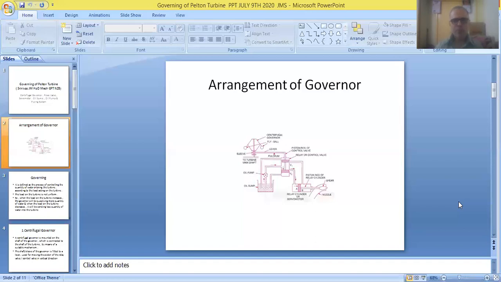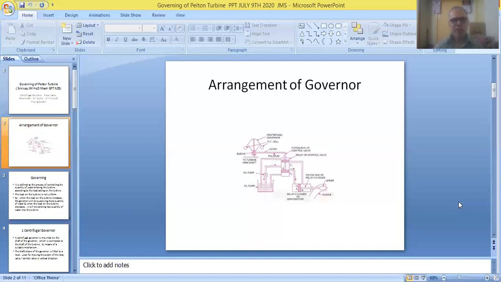So it is used for operating the sphere that is arranged inside the nozzle of the Pelton turbine. And similarly, the same governor is used for operating the guide blades of Francis and Kaplan turbines.